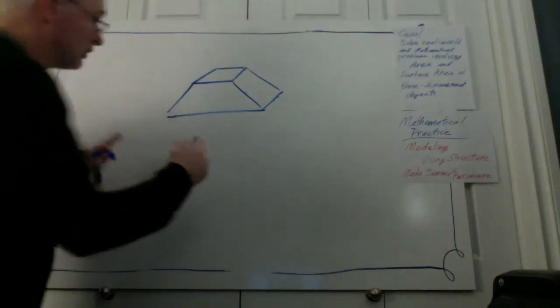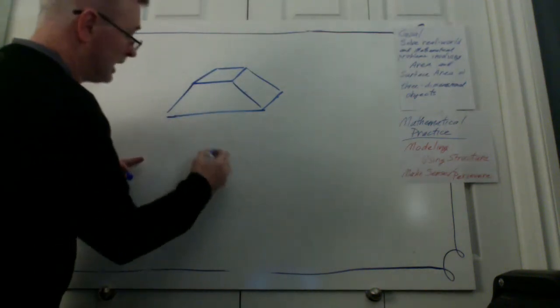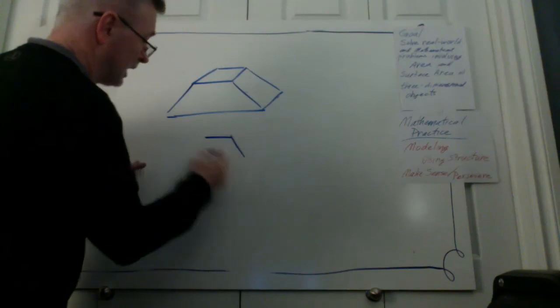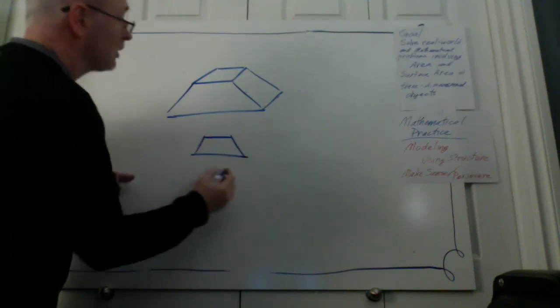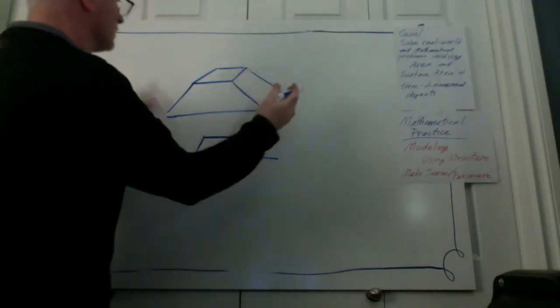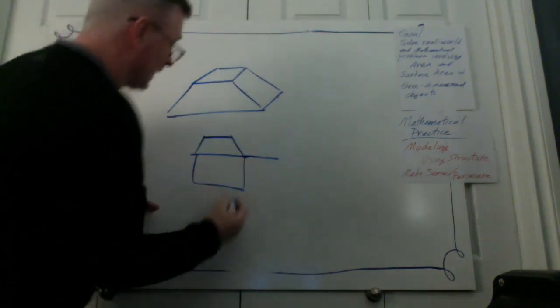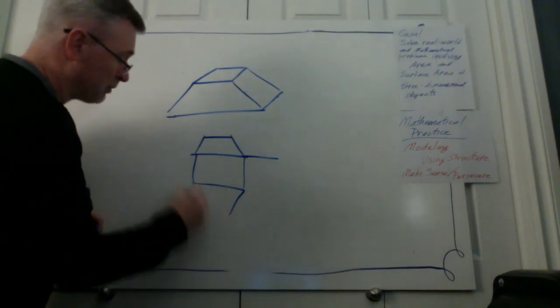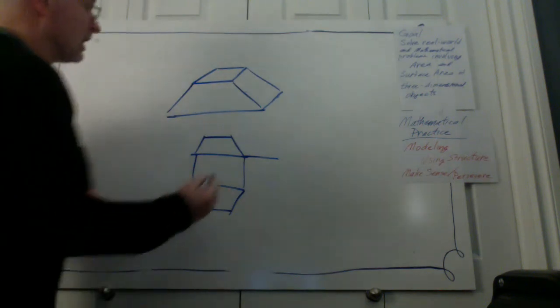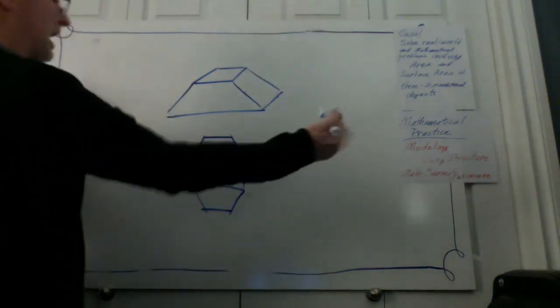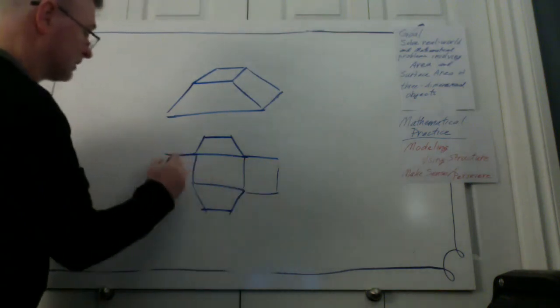So what we could do with this is we could draw a trapezoid. We could draw our 1, 2, 3. So I want to make my base first, and I'm going to have a trapezoid come off of each of the bases, and then I'm going to have two sides that come off like this.